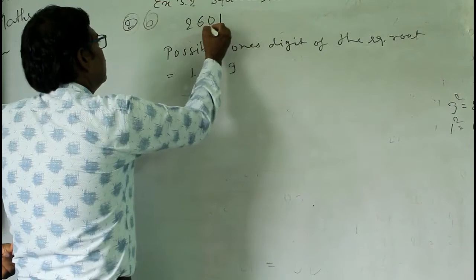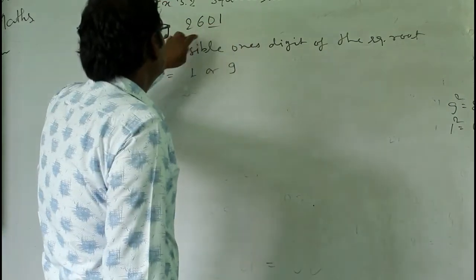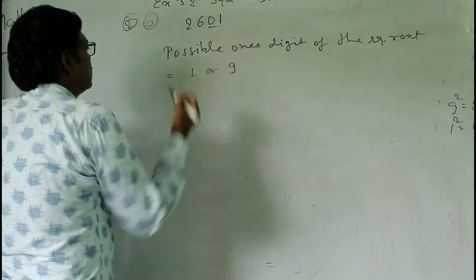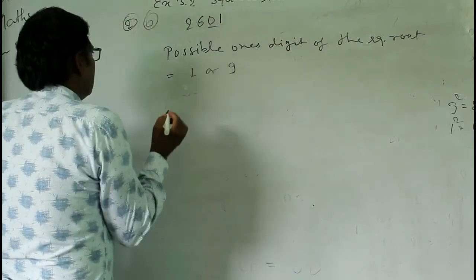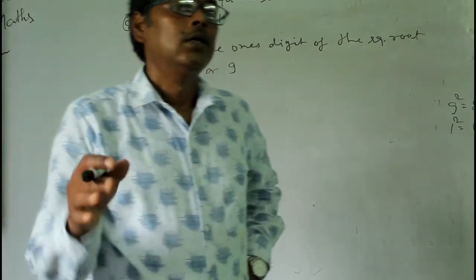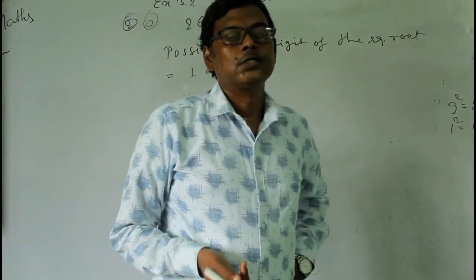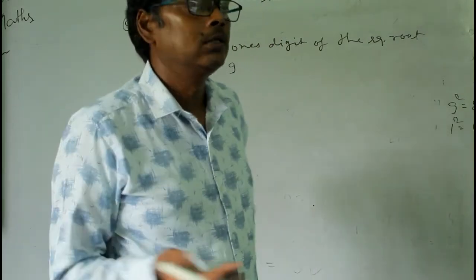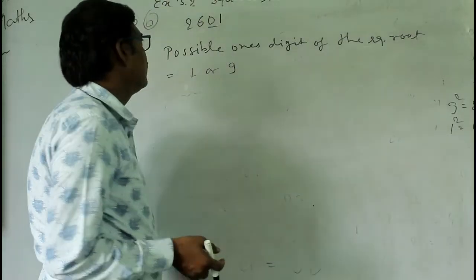Okay. Now move on to these two digits, 26 here. What is the square root of 26 here? You know 5 square equal to 25, and 6 square equal to 36. So 36 is greater than 26, so we will take 5 square.